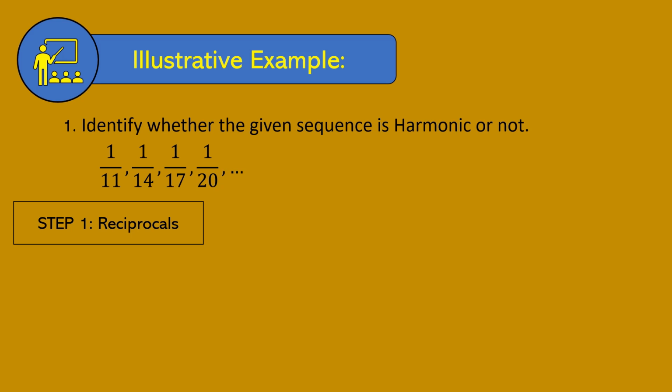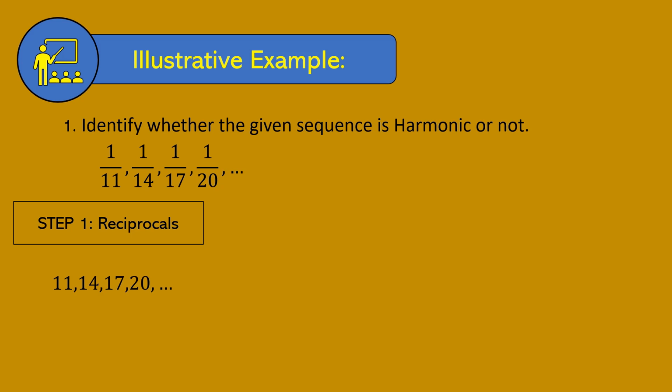Okay, step 1, reciprocals. You have to get the reciprocals of the given sequence. You already learned how to get the reciprocal of a number. Therefore, the reciprocal of 1 over 11 is 11 over 1, or simply 11. 1 over 14 is 14 over 1, or 14. 1 over 17 equals 17 over 1, and so on and so forth.